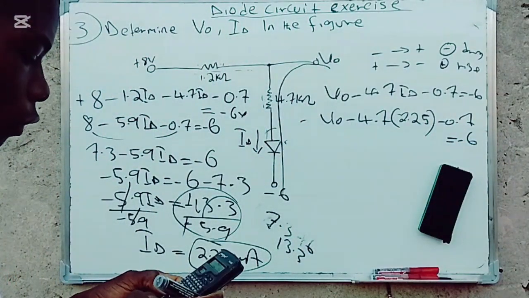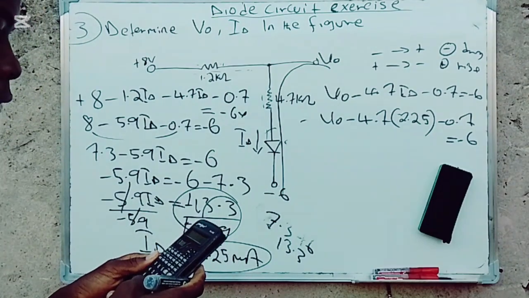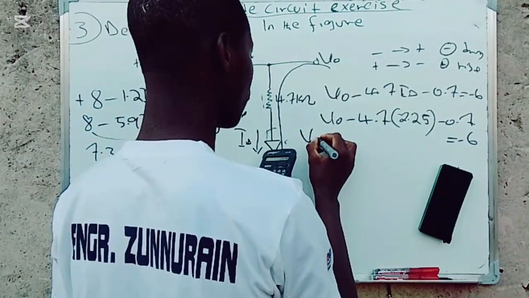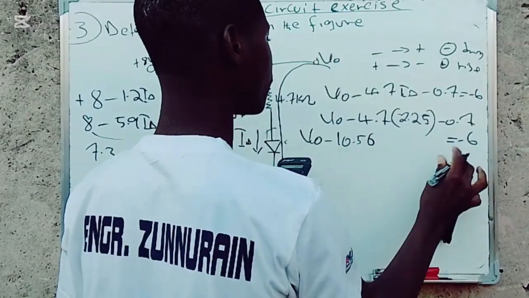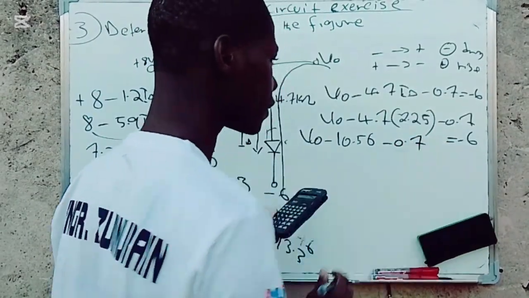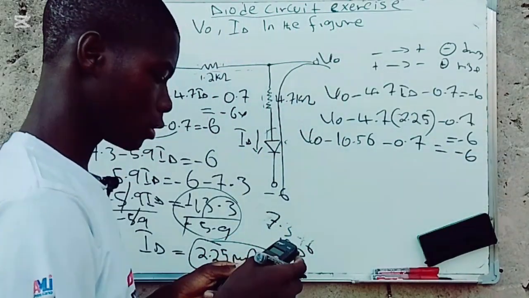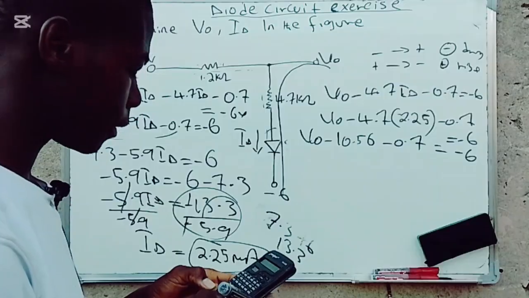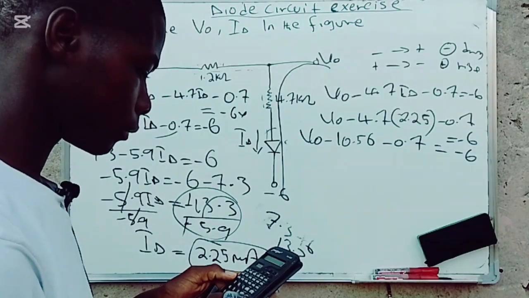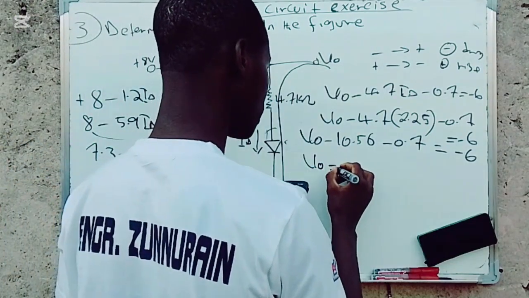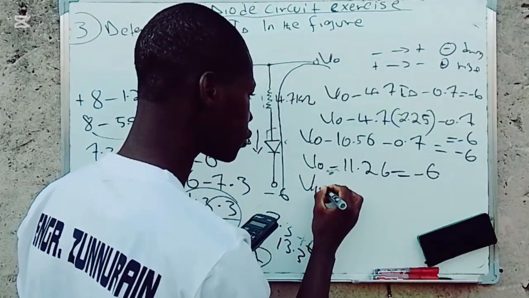If I say minus 4.7 multiplied by 2.25, I get 10.56. So V naught minus 10.56 minus 0.7 equals negative 6. So V naught minus 11.26 should be equal to minus 6.